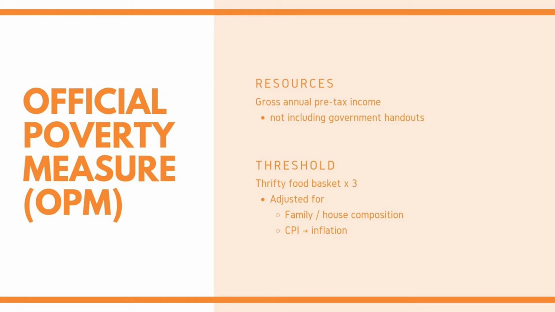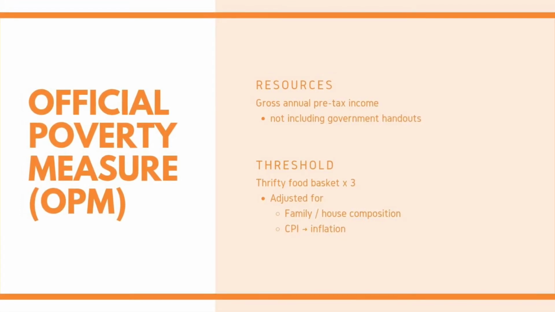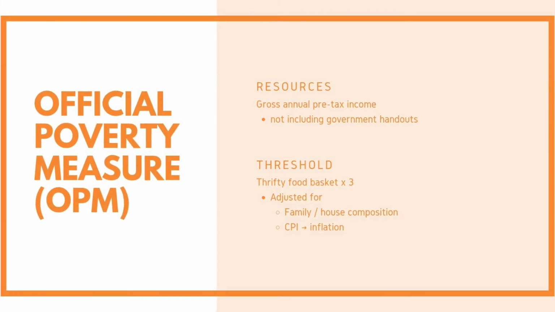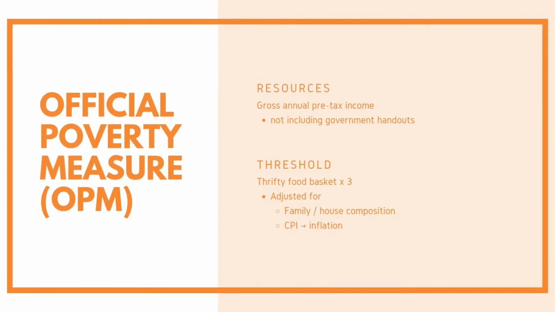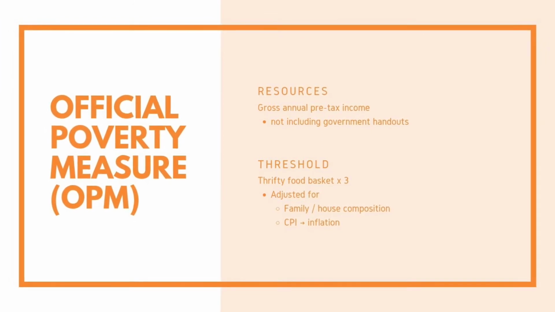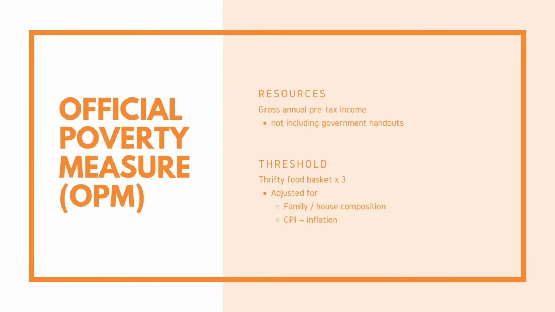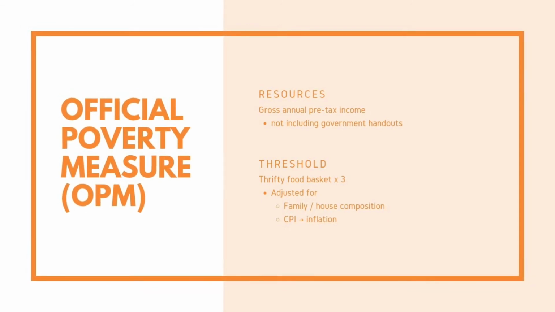The OPM adjusts for family composition and the Consumer Price Index, including inflation. However, problems with the OPM include not adjusting for non-traditional cohabitation, geographic differences, and the cost of having a job. As well, it does not encompass a person's standard of living.